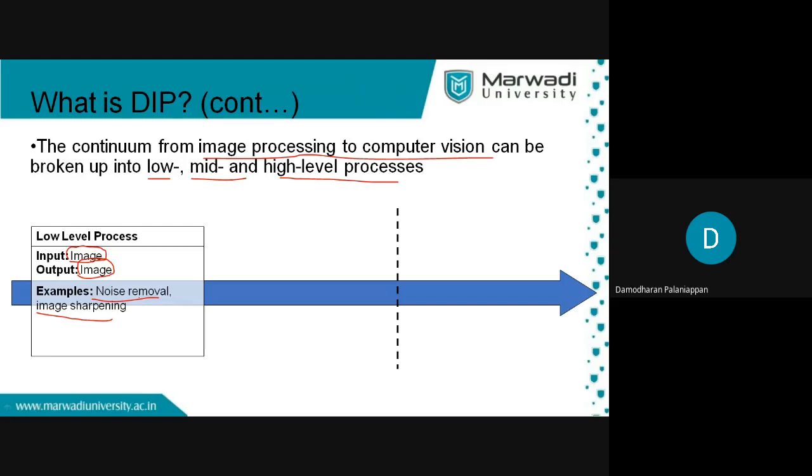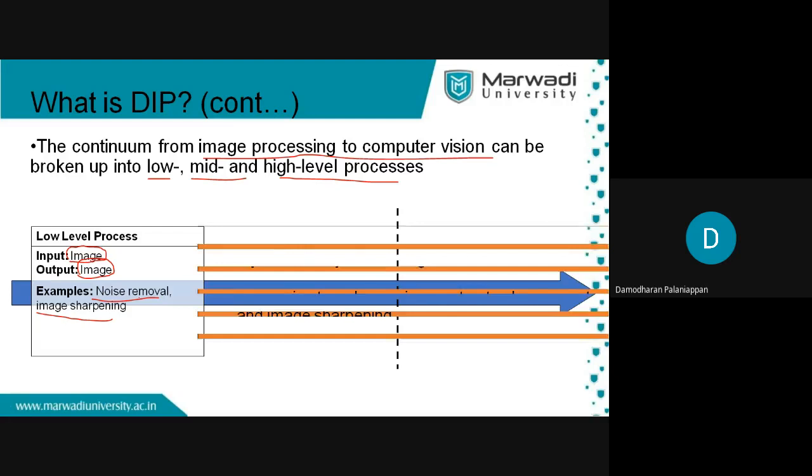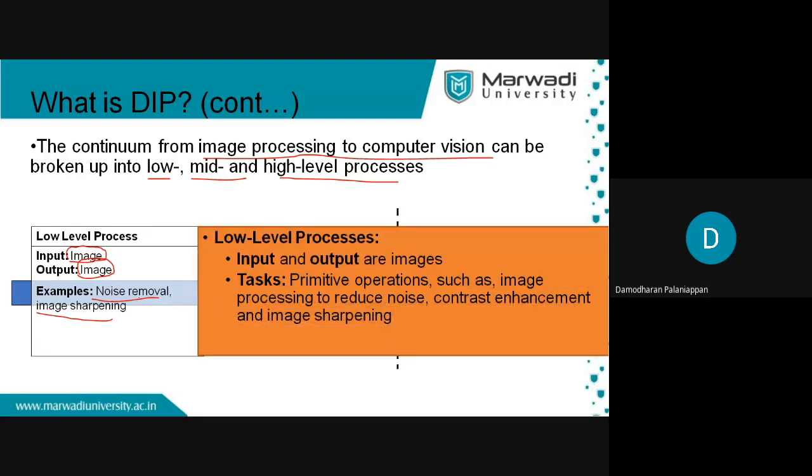So image processing is divided into three types: low level, mid level, high level. In low level, we take the image and perform operations like removing unwanted information, that is noise removal, and image sharpening. Then we get a good picture. This type of image processing we call low level processing.